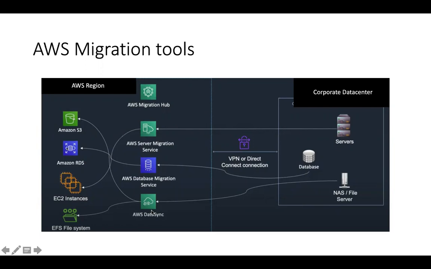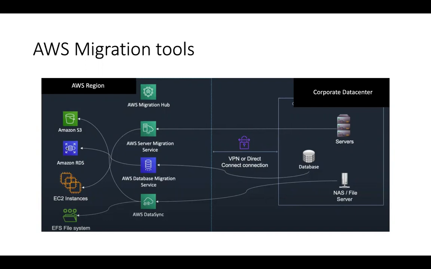See, simply we have three kinds of migration services or tools in AWS. First one is AWS Server Migration, which migrates your servers and converts them into EC2 instances. If you have an on-prem data center, then you can use the AWS Database Migration Service, and it will convert the schema.